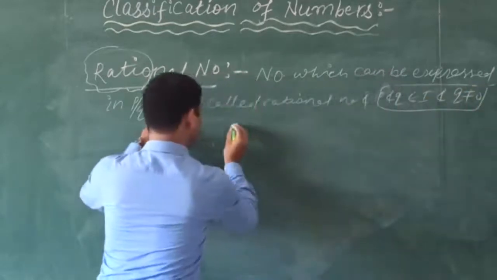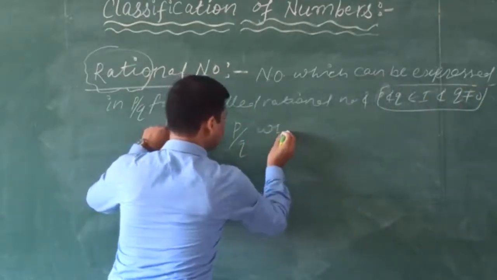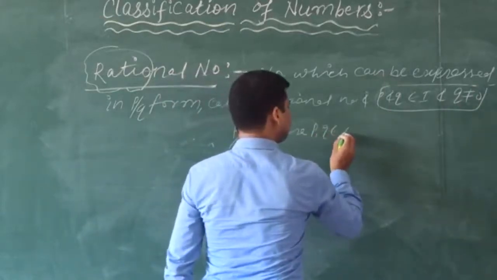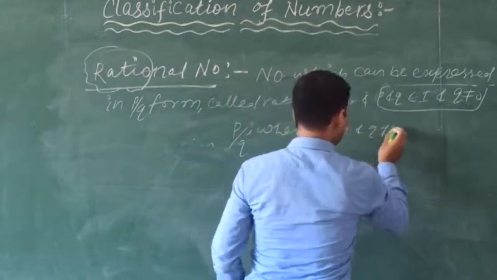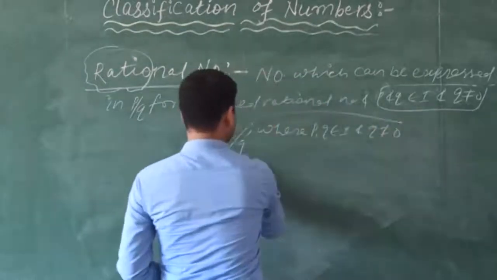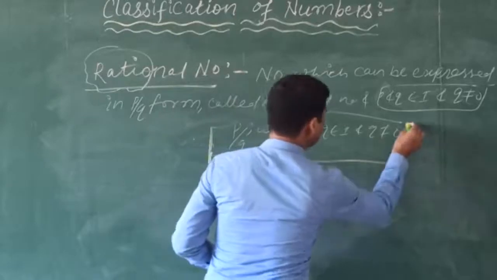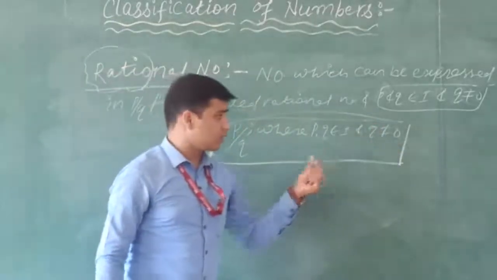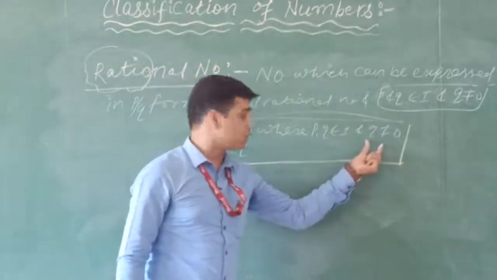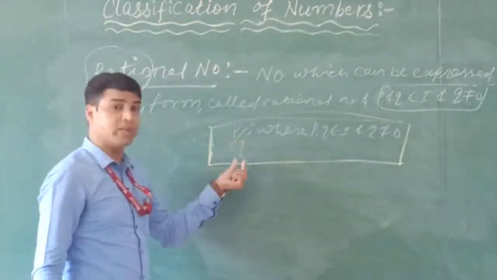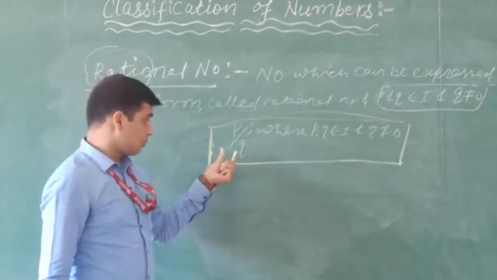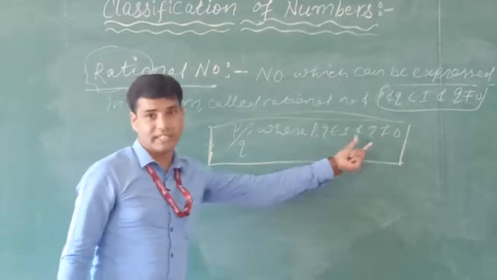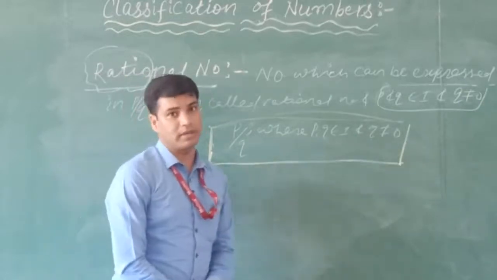So a rational number is P by Q, where P and Q belong to integers and Q is not equal to 0. But why is Q not equal to 0? If you put Q equal to 0, then 1 upon 0 is not defined.